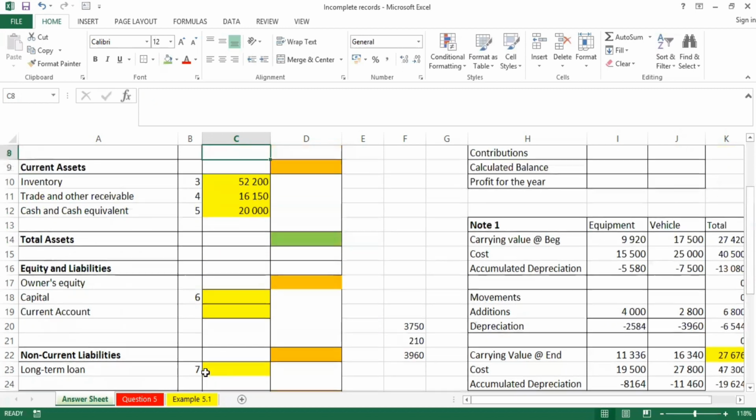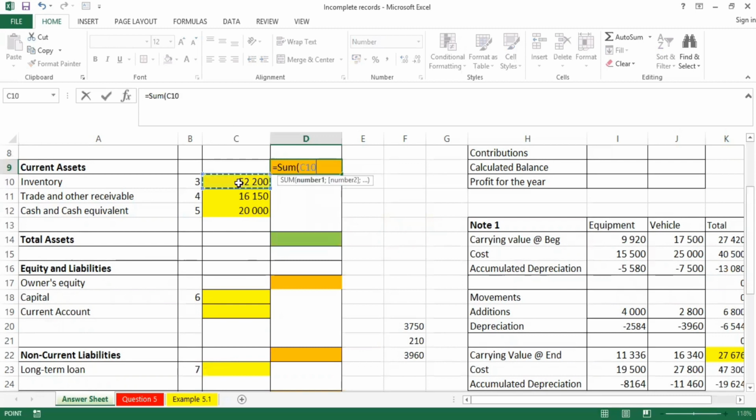And then we are done with our current assets. After we finish our current assets, we have to add them to get our total current assets. So let's add quickly. It equals sum. Let's press enter. So we have 88,350.